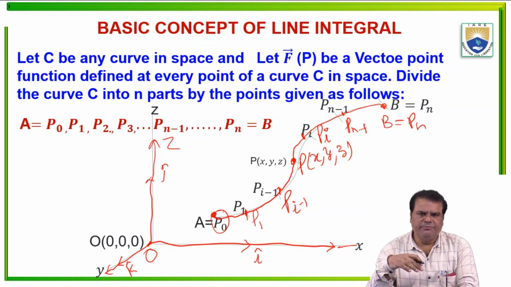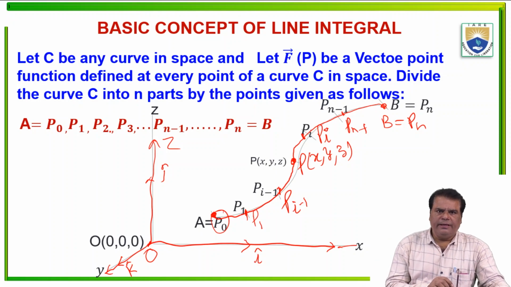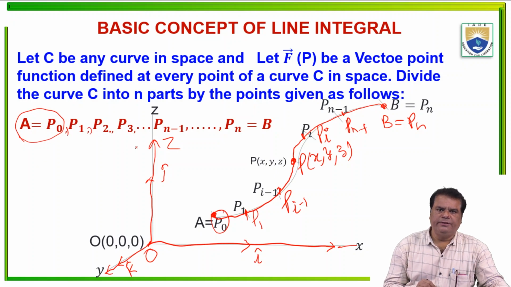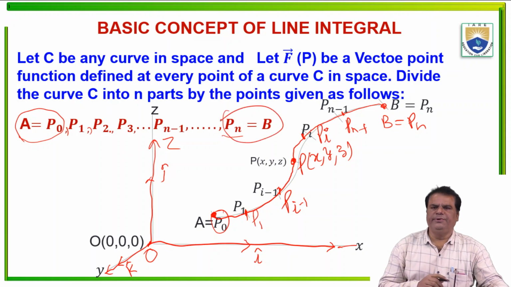In the middle we have taken the point P(X, Y, Z). This is not a constant point; all other points are constant. Then Pi, Pn minus 1 and last is Pn. Pn is B and P0 is A. So A equals P0, P1, P2, P3, up to Pn minus 1 and last is Pn, with Pn equal to B.